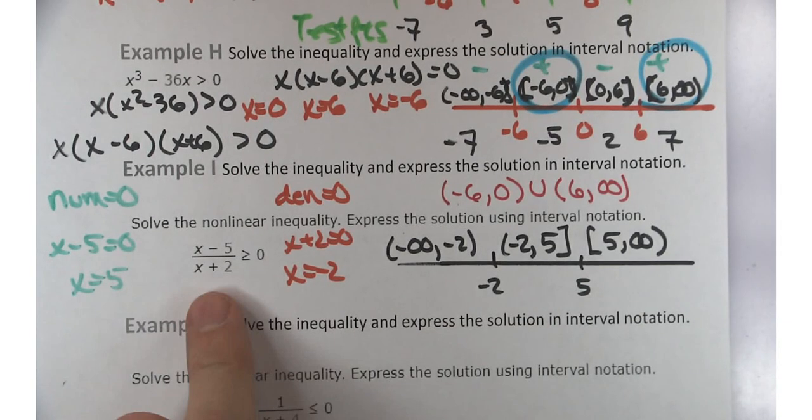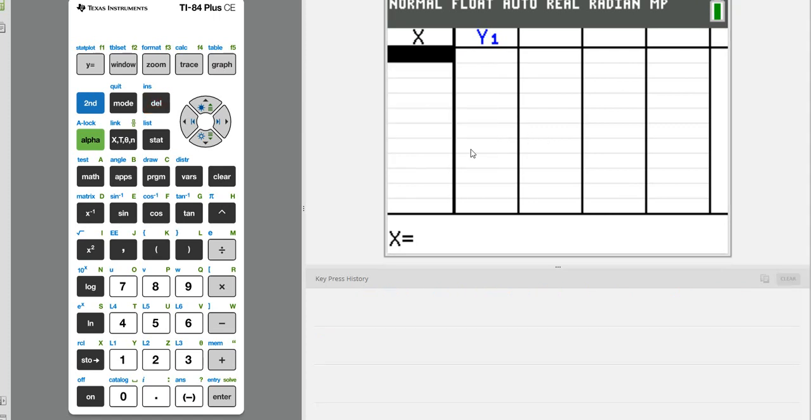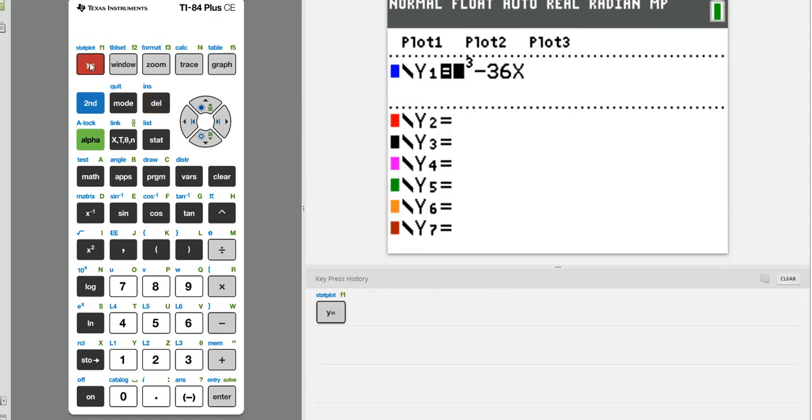Now, as far as putting this into your calculator, let's do that. There's a couple different ways that I'll suggest to put those in. First of all, I'm going to clear out this table here of my old values. Then I'm going to go back and change my function. Now here's a couple different ways to put this in.